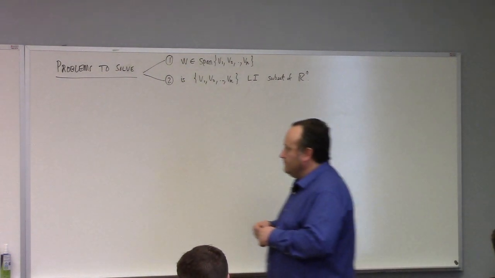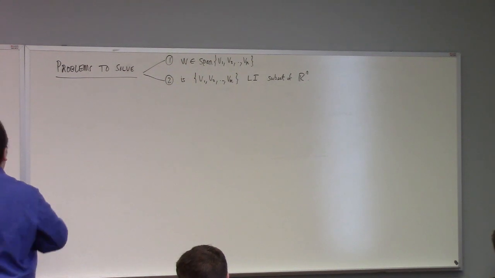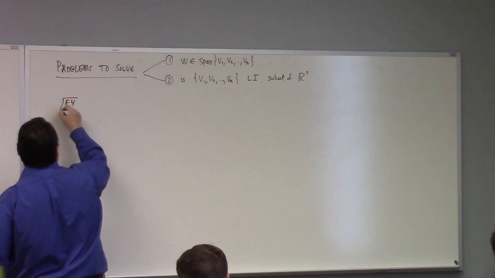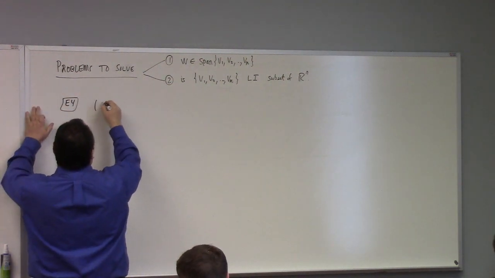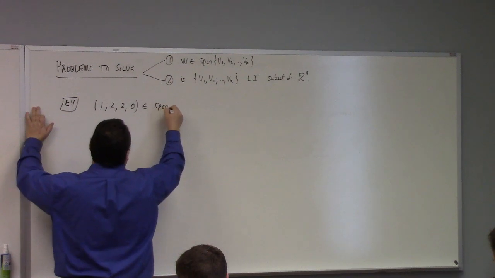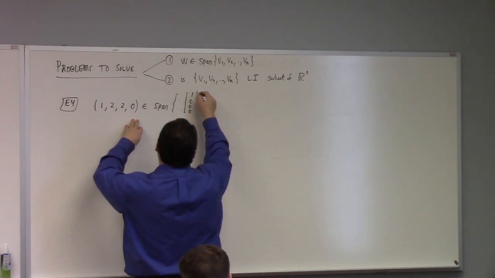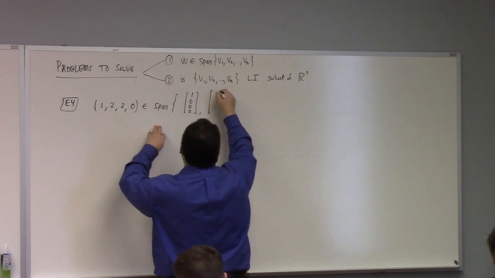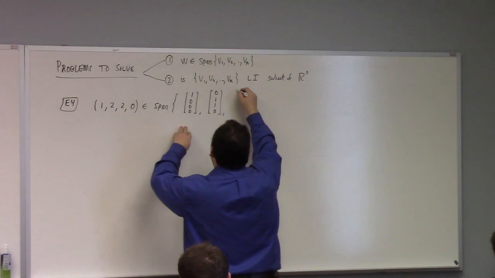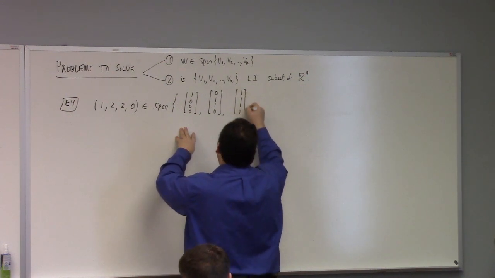So let's see here. Example 4. We can ask the question: is (1, 2, 2, 0) in the span of, let's say, (1, 0, 0, 0), (0, 1, 1, 0), and, I don't know, (1, 1, 1, 1), for instance?